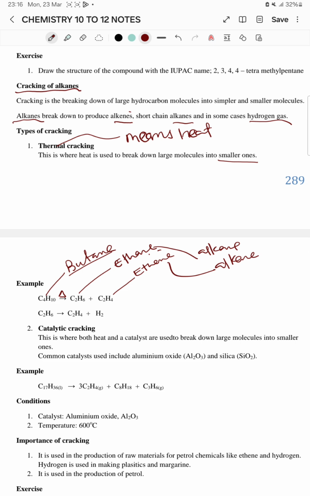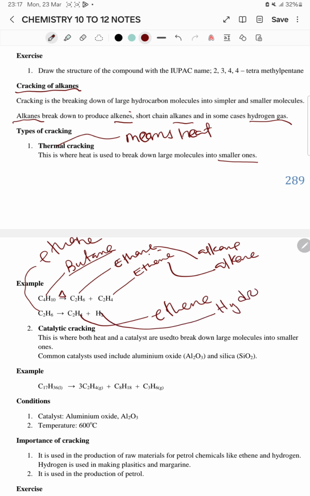And if you get ethane and break it using cracking, you're going to form ethene, and this here is hydrogen.